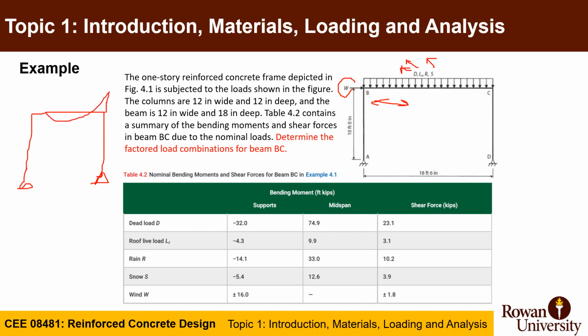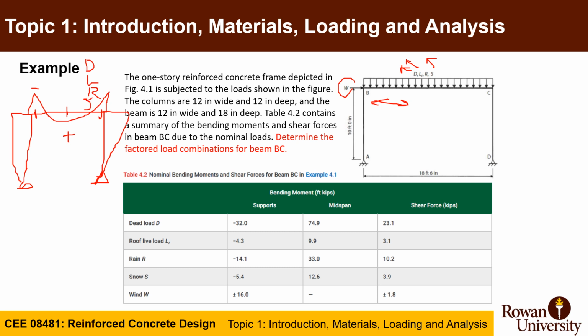The moment will always look like that if you draw it on the tension side. So the midspan will always be positive numbers, and the support will be negative moments. This applies to dead load, live load, rain, and snow.